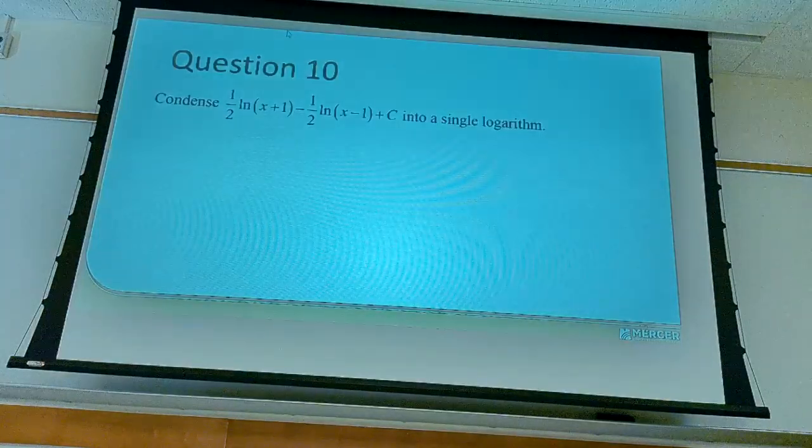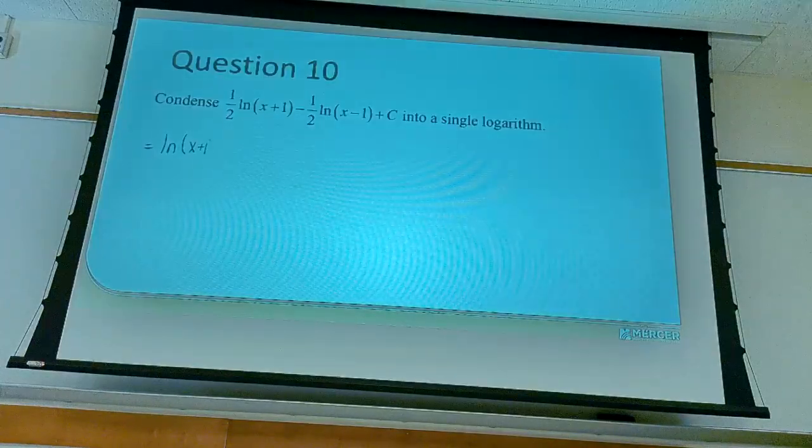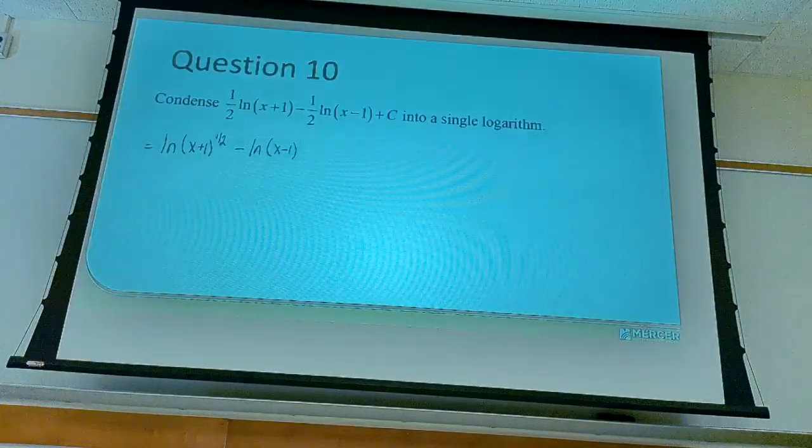So we have obvious steps, right? Power. So let's do all those obvious steps first. So it would be ln of x plus 1 to the half power, and then minus ln of x minus 1 to the half power, plus 2.